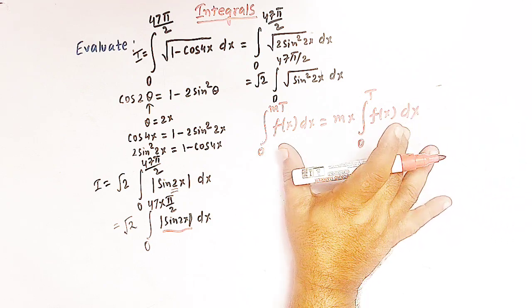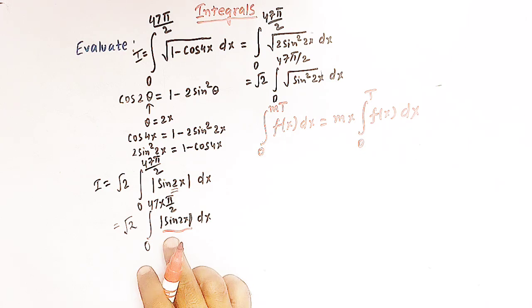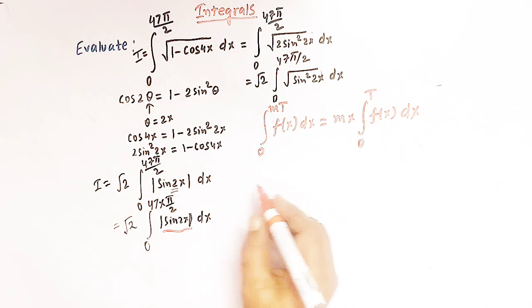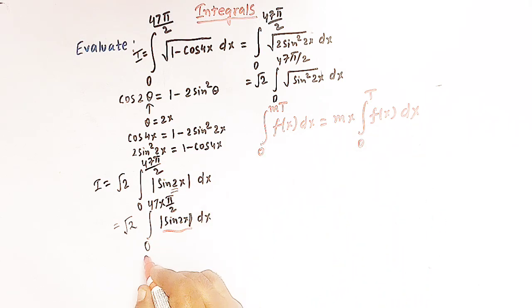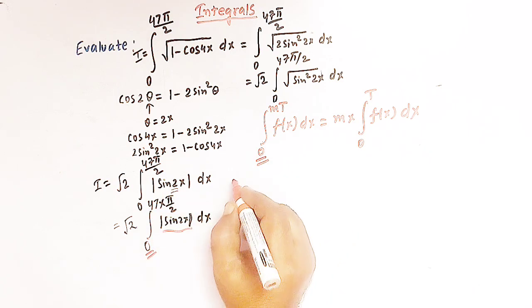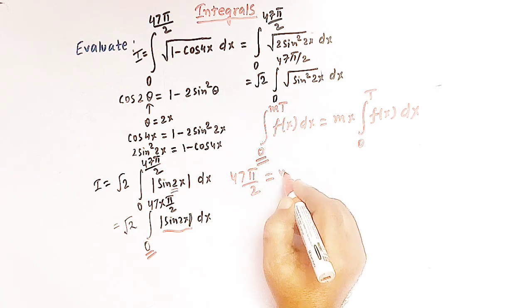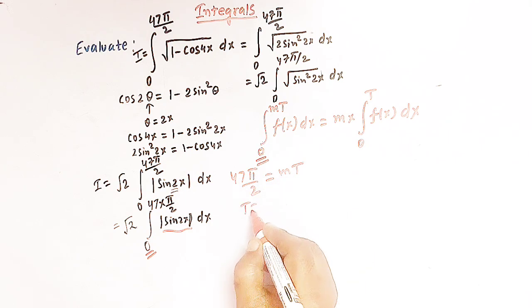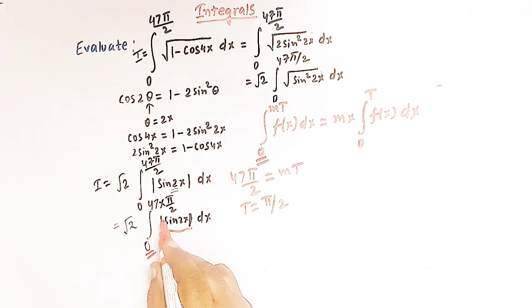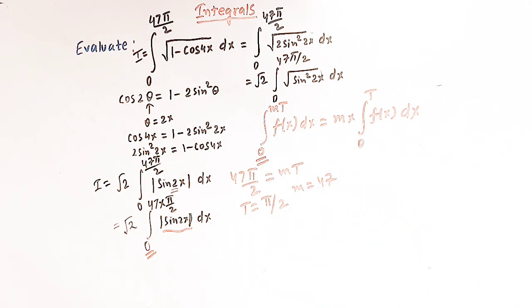So this property is going to be very important in solving this integral. If we compare this integral with this one, here we have 0, here also we have 0, and the upper limit is 47 pi over 2, which is equal to m times T. So if we compare both sides, T is pi by 2, which is the period of mod of sine 2x, and m is 47, which is a positive integer.